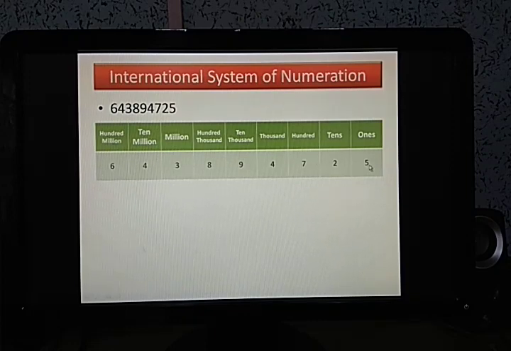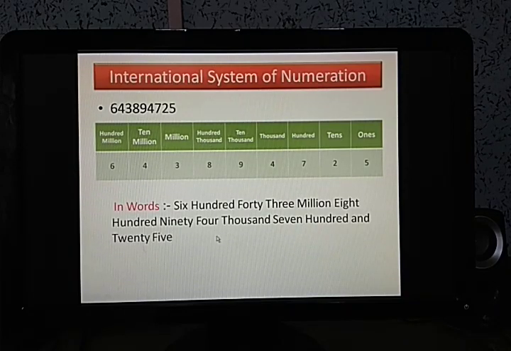So similarly we'll put the digits from right to the left. The pattern is the same. These 4 columns have changed, so the words also will change. It will be 643,894,725. Yes. And in numerals the comma position is also changed.